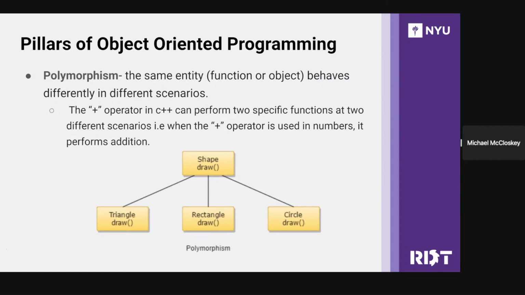But I want all of my shapes to be able to draw. But if I want to draw a triangle, obviously I don't want to do the same thing as if I draw a rectangle, because they don't look the same. So if I want them all to have this same overarching functionality, but do different specific things within that, we can use polymorphism to do that. Next slide.